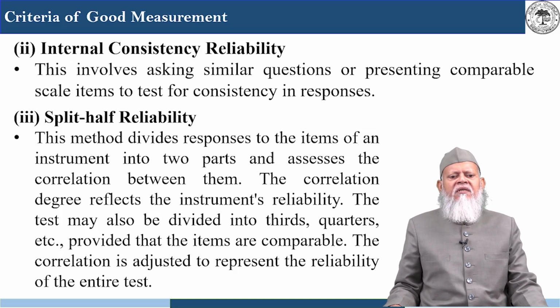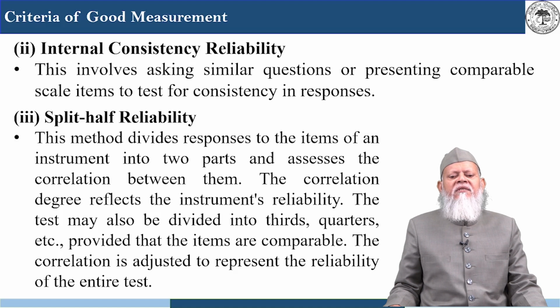Then the third is the split half reliability. What is that? This method divides responses to the items of an instrument into two parts and assesses the correlation between them. The correlation degree reflects the instrument's reliability. The test may be divided into thirds, quarters, etc., provided the items are comparable.